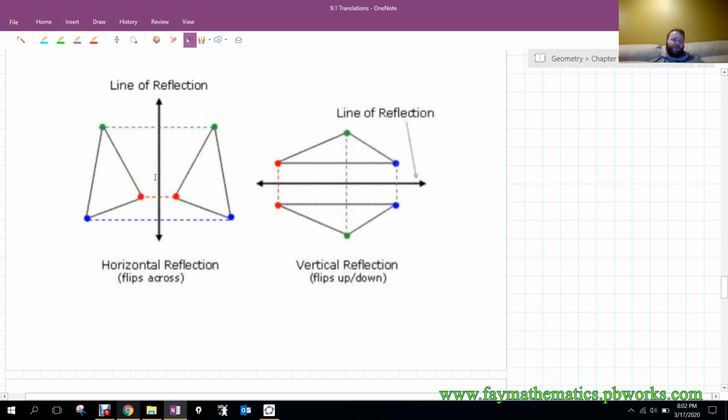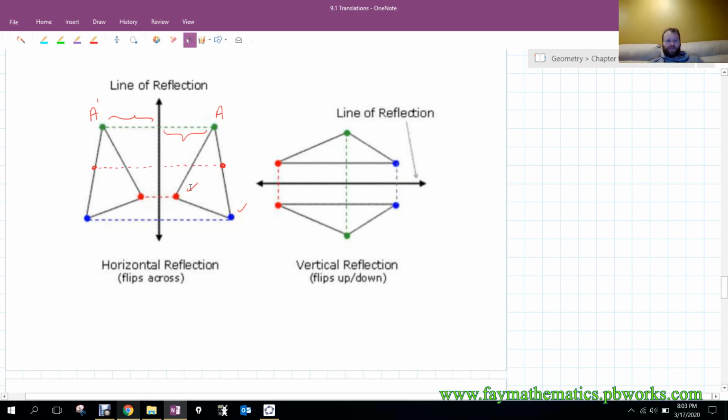This little green distance, let's call that point A, from my line of reflection, is going to be the same as that distance right there for A prime. And the same thing happens down here on the red and the blue. And even if I put a point right there and figure out that distance, it should end up being the same to right there.